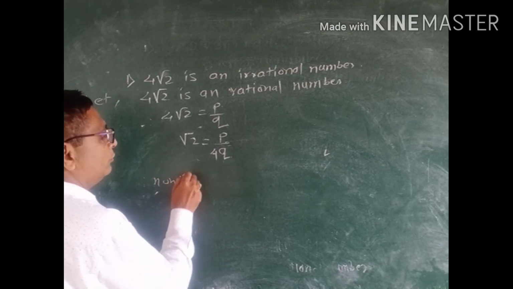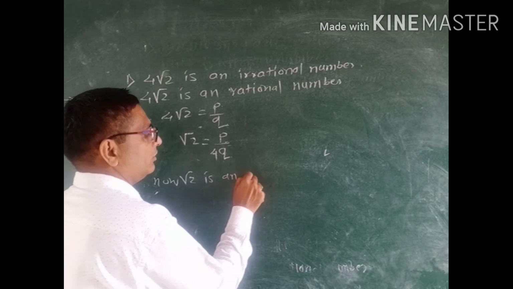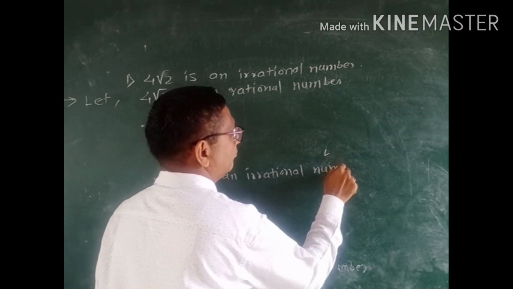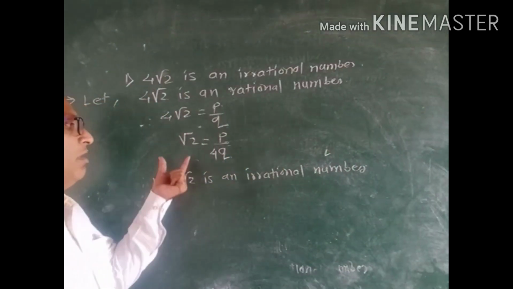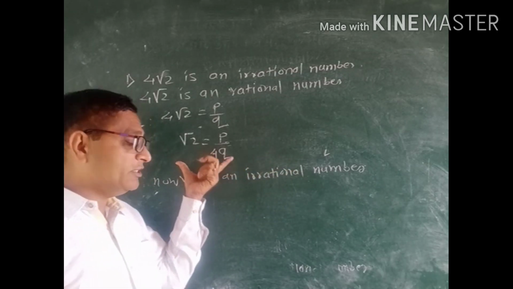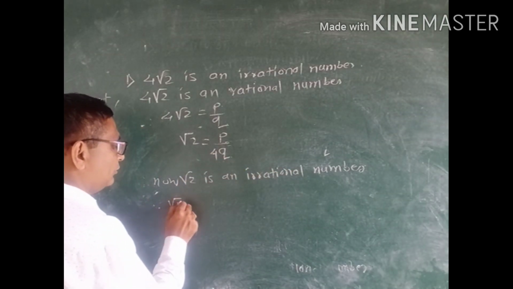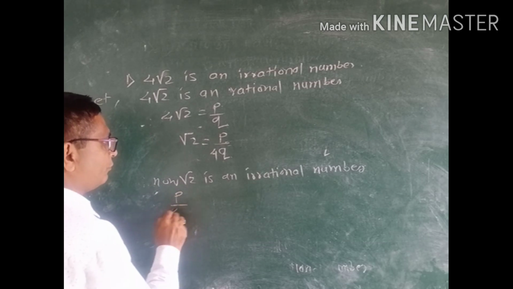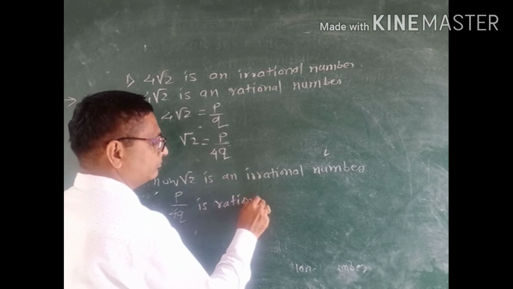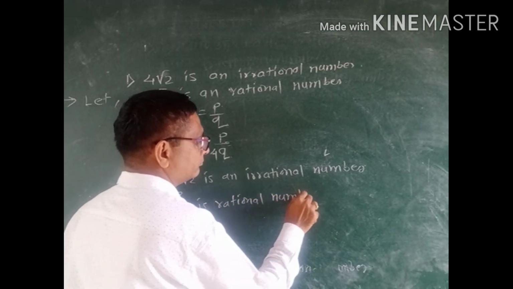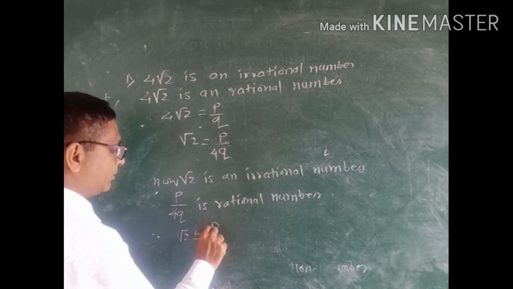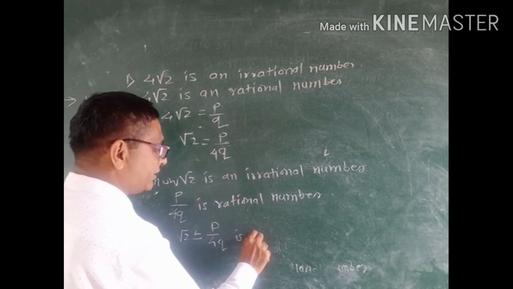Now, root 2 is an irrational number. Therefore, the left side is irrational and the right side is rational. This is also contradictory. Root 2 equal to p upon 4q is contradictory.